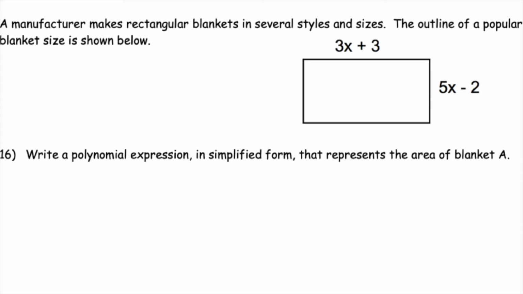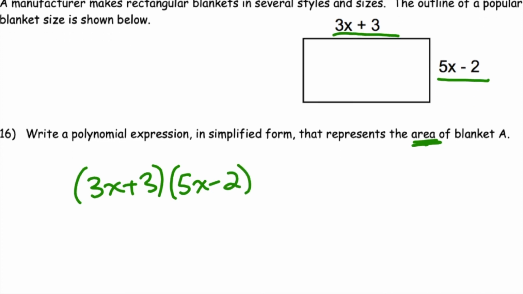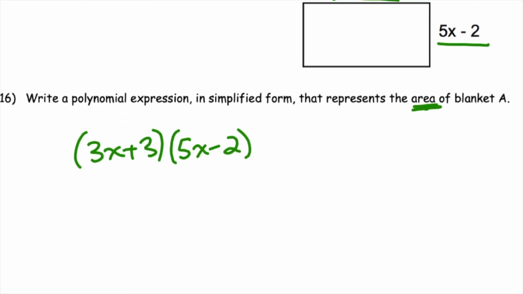Next, number 16, for the area, okay, now we're trying to find the area of the blanket. We're just going to do length times width. So 5x minus 2 times 3x plus 3. So let's multiply those. 3x plus 3 times 5x minus 2. Okay, let's multiply these out.